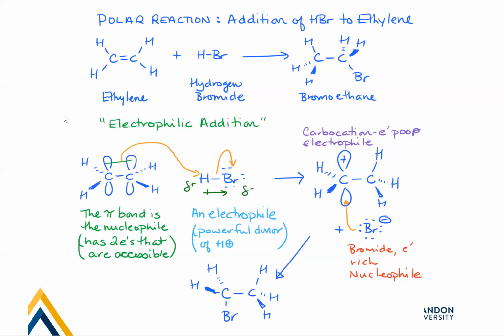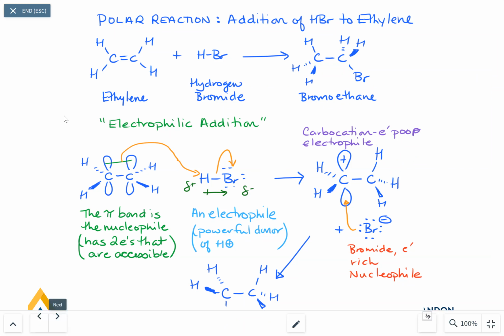Okay, so here's a little example of a polar reaction. We're going to do a whole chapter on fun stuff with double bonds, with alkenes. So ethylene and HBr, when they react, you make bromoethane or ethyl bromide, whatever you'd like to call it.